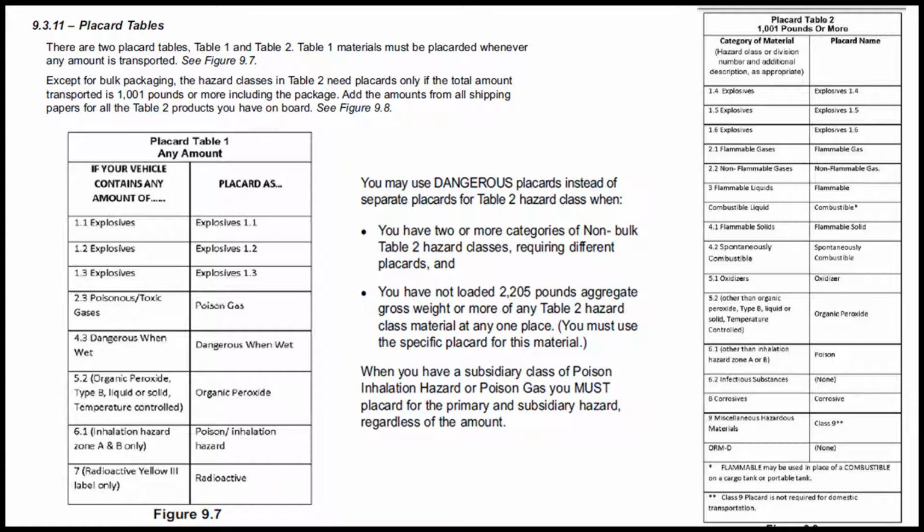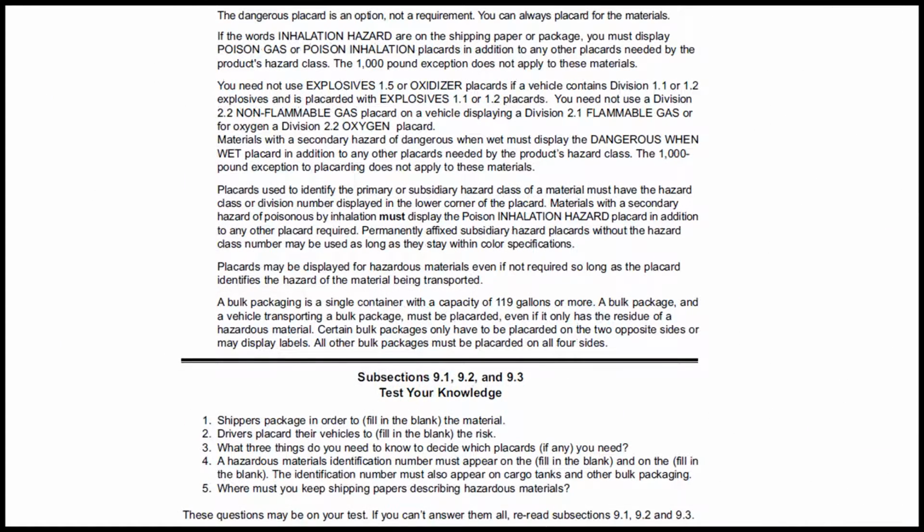You may use the specific placard for this material. When you have a subsidiary class of poison, inhalation hazard, or poisonous gas, you must placard for the primary and subsidiary hazard regardless of the amount. The dangerous placard is an option, not required. You can always placard for the materials.